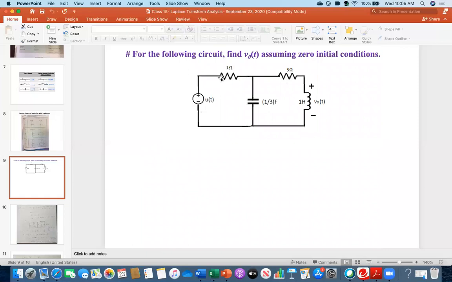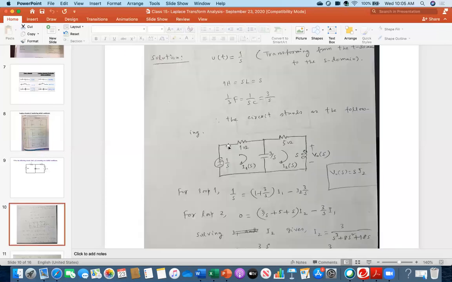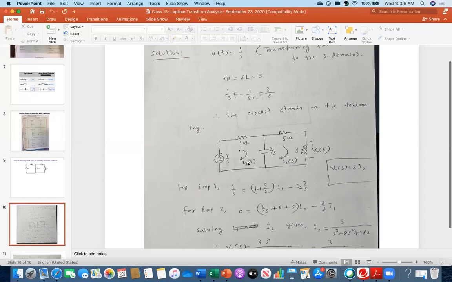The question was to find v0. This means if you can find the current flowing through this one and multiply by its respective Laplace value, that is your v0. So I need to find the current flowing through this one and then multiply by s. I have written here V0(s) = s times I2.